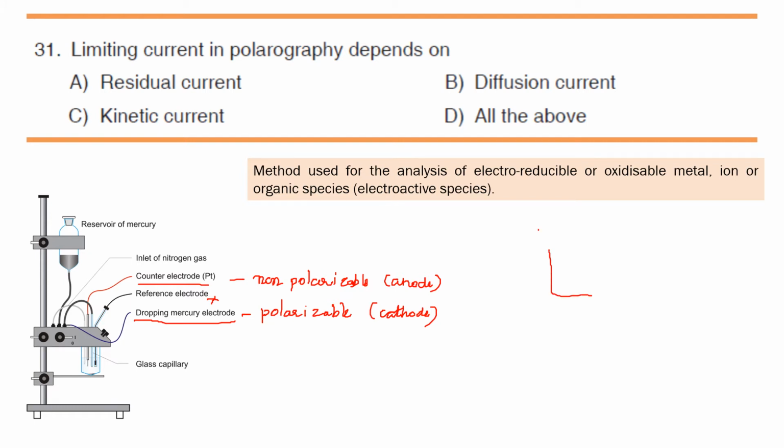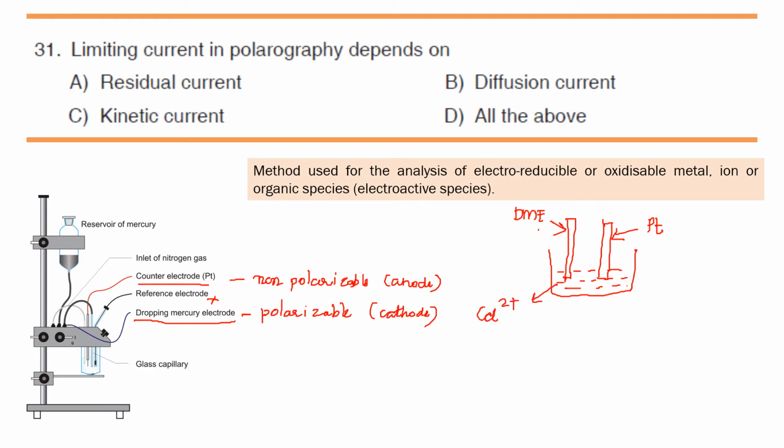Suppose you have taken the solution of the electroactive species in a container, and you have dipped two electrodes into it: this is the dropping mercury electrode, which is acting as the cathode, and this is the platinum electrode, which is acting as the anode. Now, suppose you are analyzing a solution containing cadmium 2+ ion.